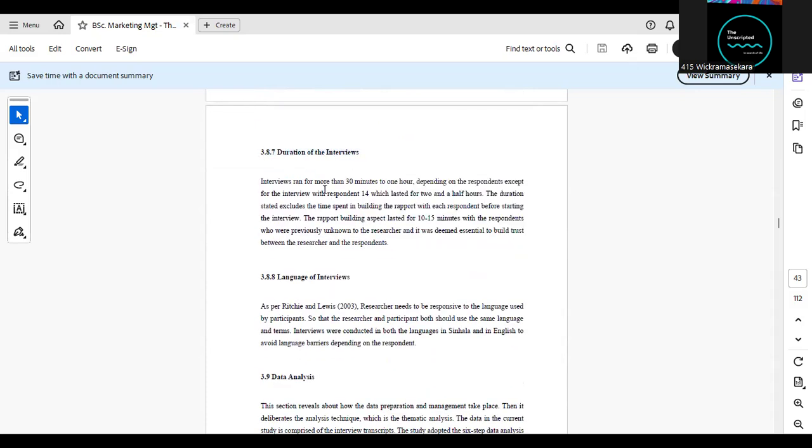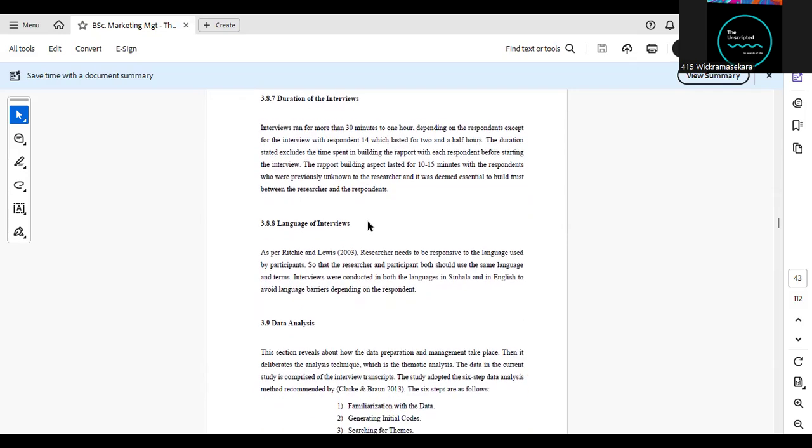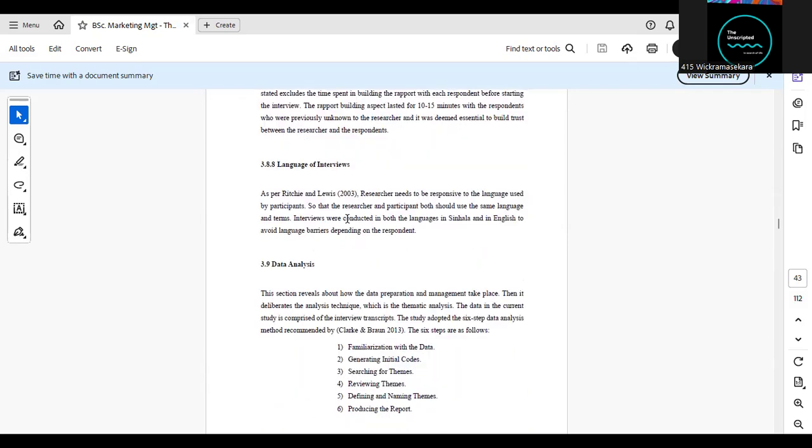You can highlight how many minutes you spent on an interview and what happened basically, and the language. If you're using Sinhala, your mother tongue, you have to justify why you used Sinhala regardless of using English, and if you have used English, again, why English? And you have to make sure that the language is not a barrier in getting insights from your participants.